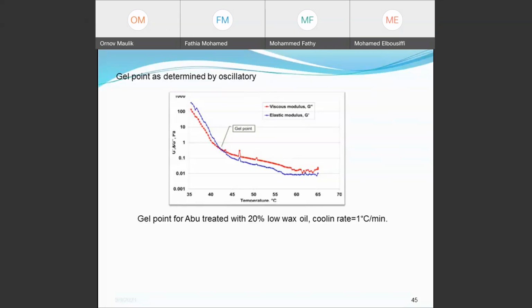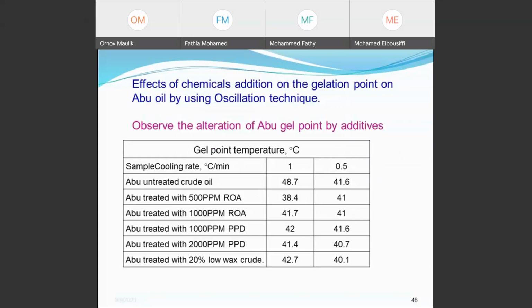So the gel point can be found at the crossover of G prime and G double prime. G prime, of course, is the storage elastic modulus, and G double prime the viscous modulus. Some examples: the effect of additives on the gelation point.